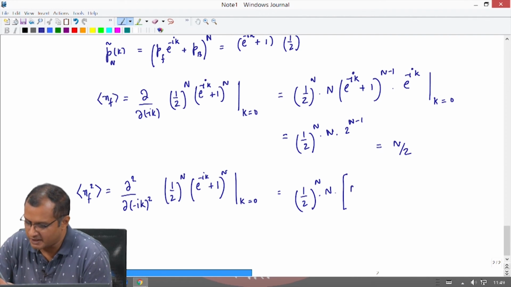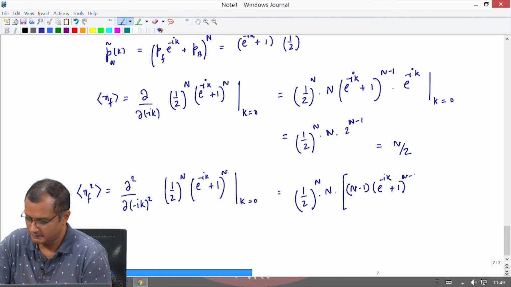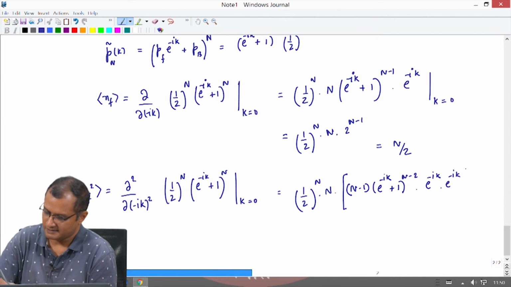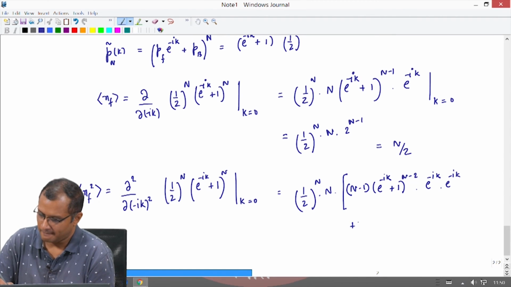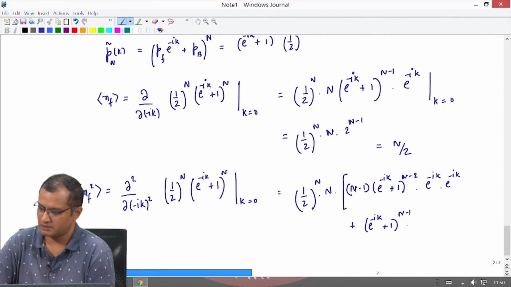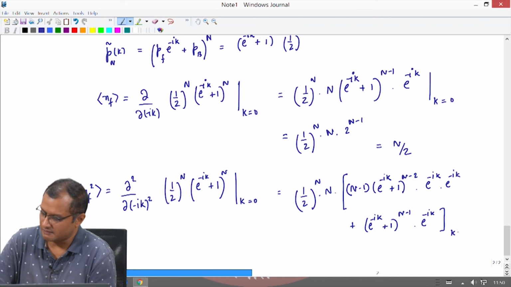So, this would give me n minus 1 multiplied by e raised to minus ik plus 1 to the power n minus 2 into e raised to minus ik, but there is also an e raised to minus ik outside, plus e raised to minus ik plus 1 to the power n minus 1 into e raised to minus ik, and all this is taken at k equal to 0.